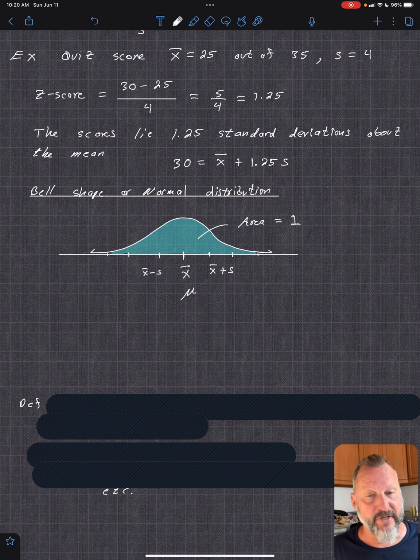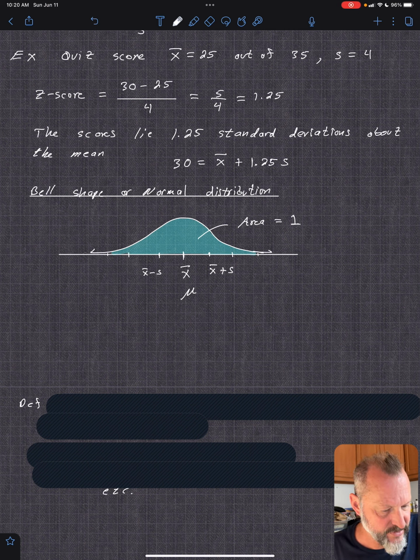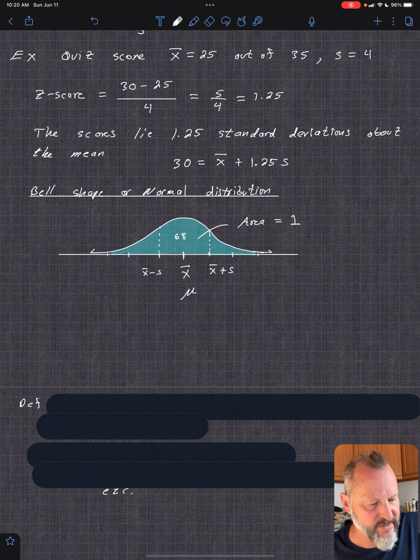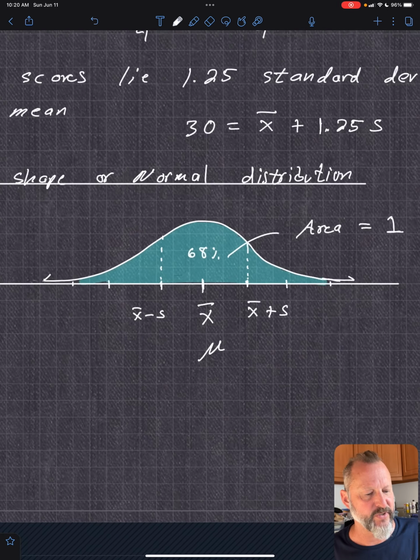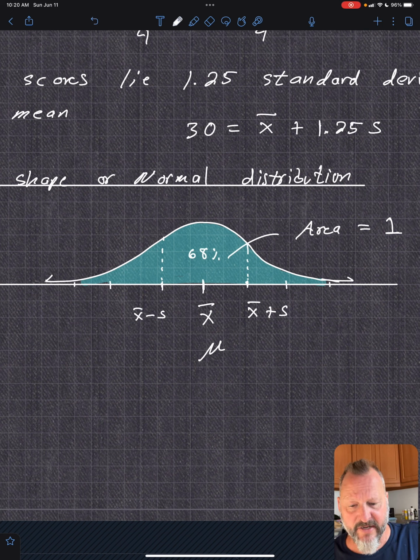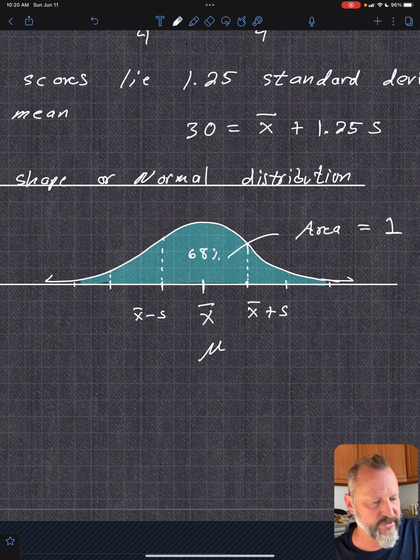We talked about earlier the empirical guidelines, and let me draw the picture again. So if you have that one standard deviation, empirically, approximately 68% of your information is within one standard deviation. And then you go out again to the next standard deviation, you have 95%.